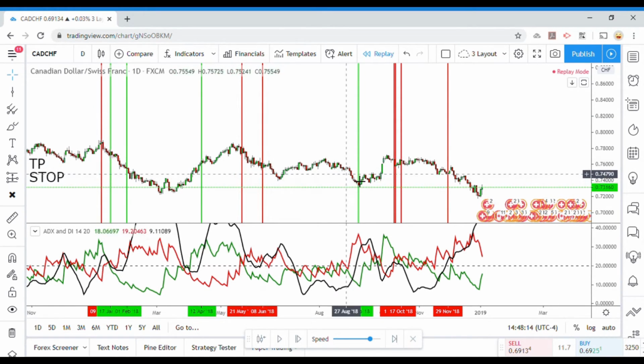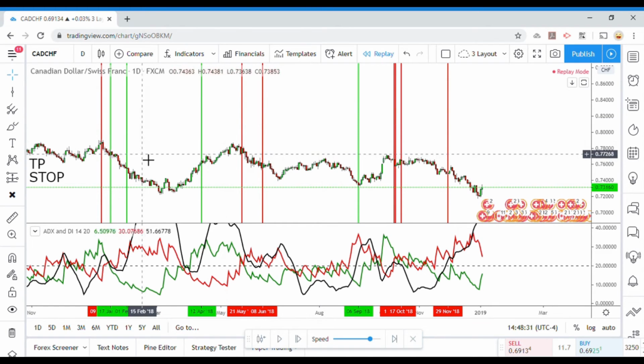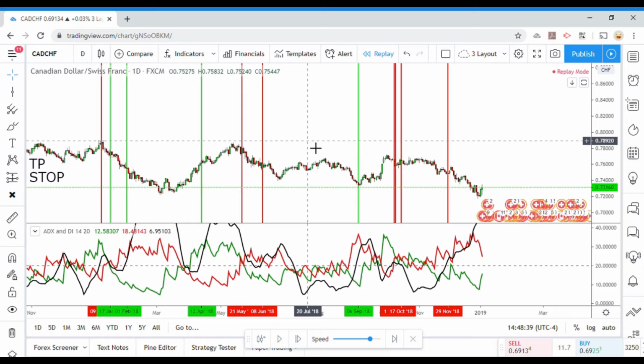All right, let's see what. It's not looking too good on this one. 1, 2, 3, 4, 5, 6, 7, 8, 9, 10, 11 is the number of trades. We need to have at least 7 wins to meet the 60% win-loss ratio.